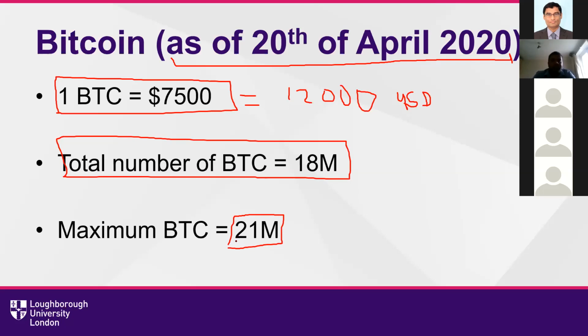That's why people like it: its value cannot be deflated by printing more and more Bitcoin. This 21 million will also only become available in 100 years, so all of us will never see Bitcoin reaching this maximum. At the moment, we have only 18 million.